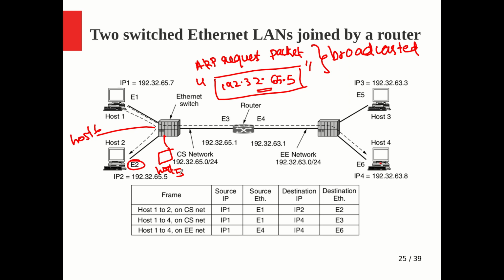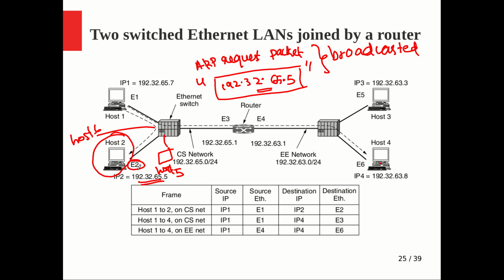Host 5 will check its IP address with this: no match. Host 6 will check: no match. Host 1 sent it, so other than host 1 everyone else will check. When host 2 checks, there is a hit. Someone is asking for my MAC address, so host 2 will understand immediately and reply back with its MAC address, that is E2.